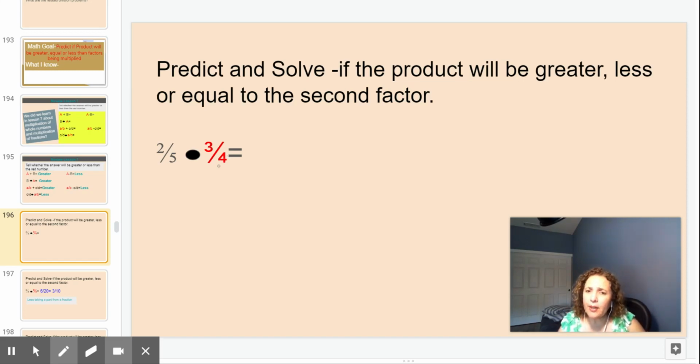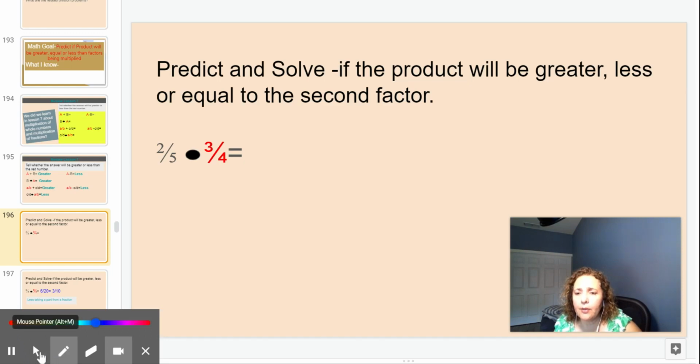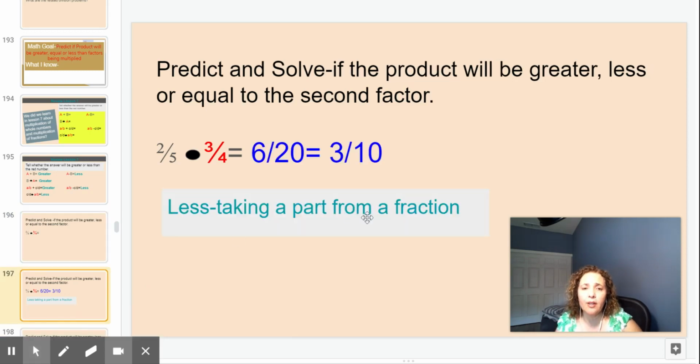Maybe you should be thinking it should get smaller, because if you're taking a part of a part, it's got to get smaller. So let's see what happens. When I did that, I predicted that it was going to be less because you're taking a part of a fraction.